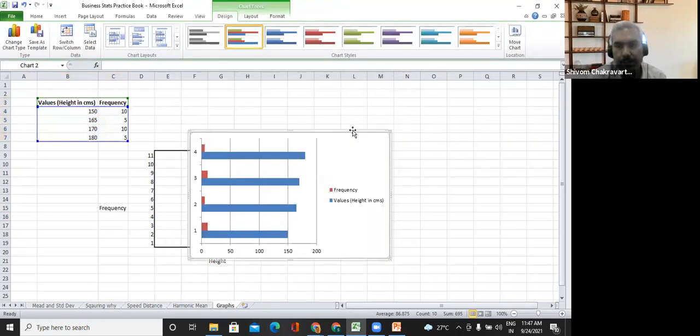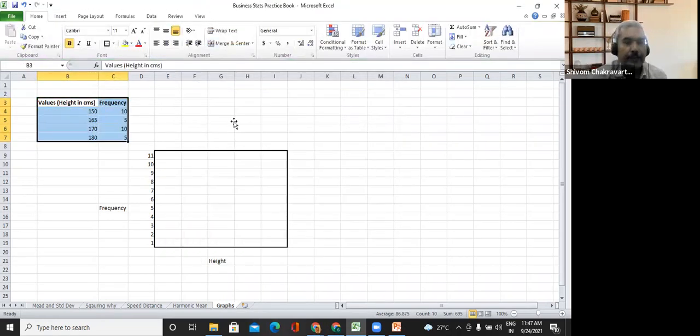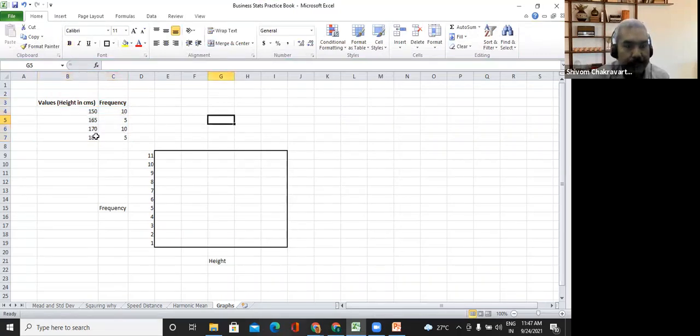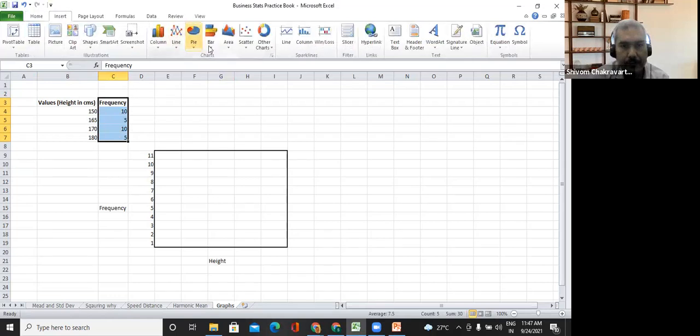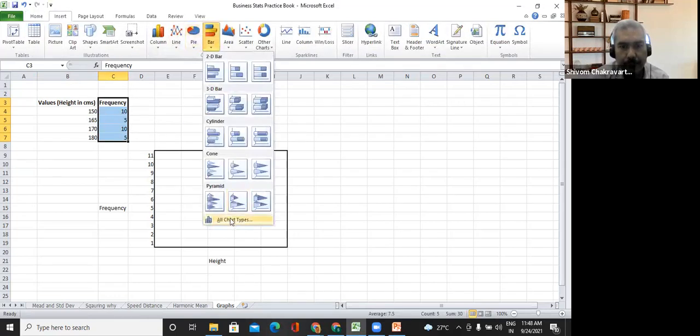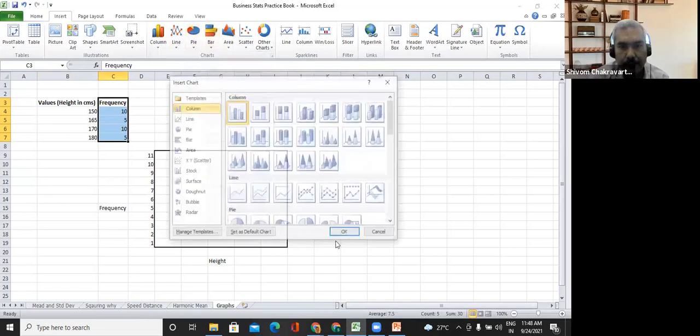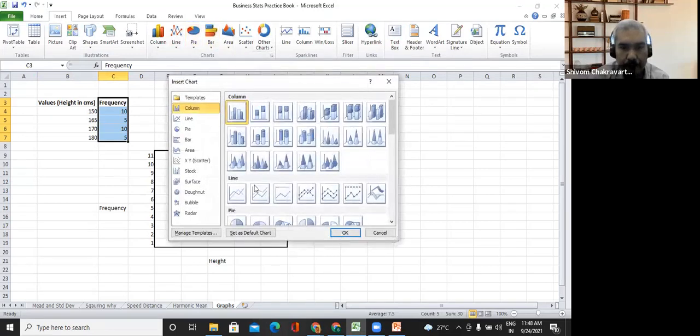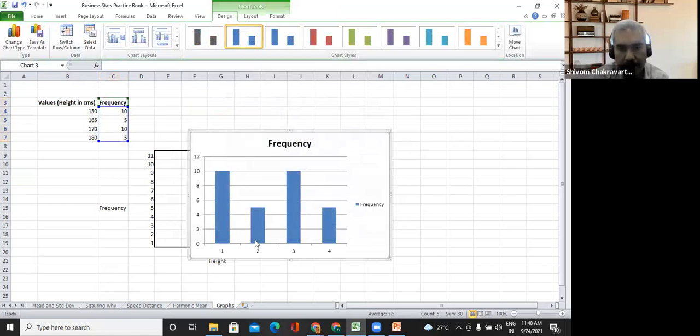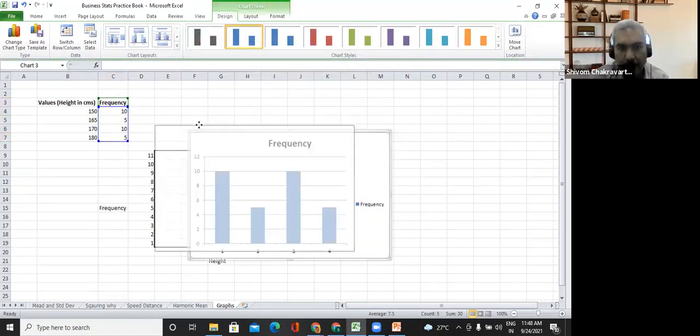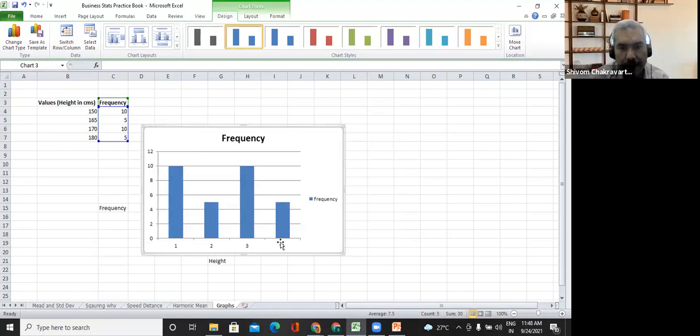I don't know why it is taking both the variables for plotting. If we have a frequency like this, it will show something like this. In place of 1, 2, 3, 4, you can imagine 150, 160, 170, 180.